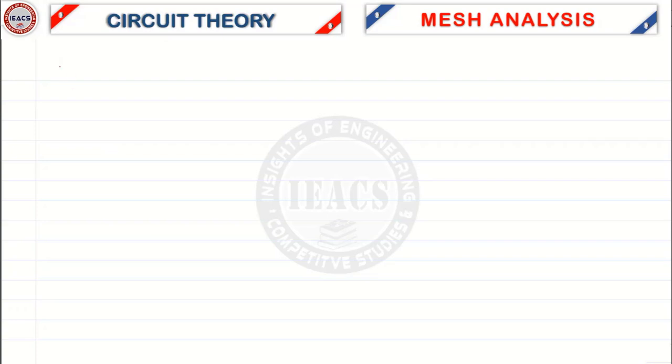Now coming to our topic of today's discussion, mesh analysis. What is there in this mesh analysis? Like nodal analysis, mesh analysis is also a general procedure for analyzing electric circuits by combining the application of KVL and Ohm's law.